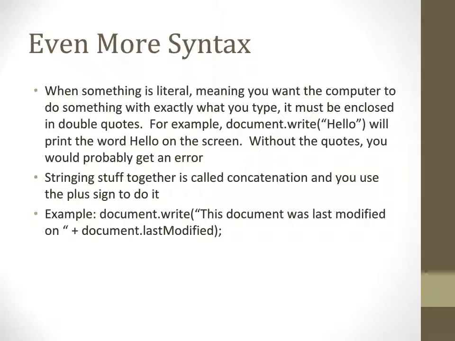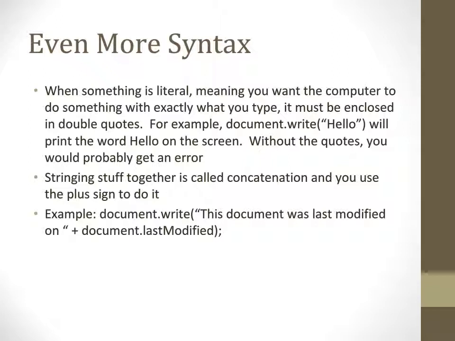In the example there, document.write("hello") means that it would actually write the word hello in the browser. If you didn't put the quotes on there, the program would think it was another part of the program, something that you were storing something in, or maybe another part of the predefined classes and things like that. And because it doesn't recognize it, it's going to give you an error.